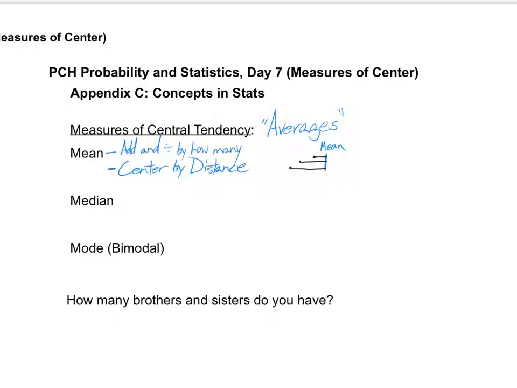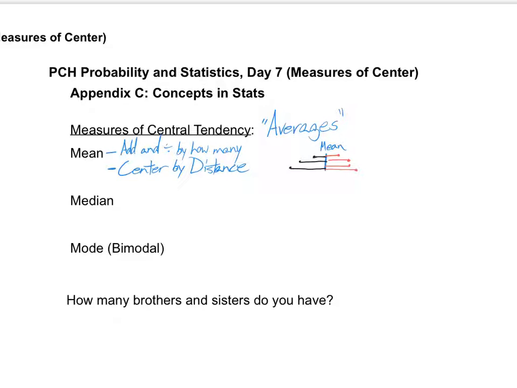You might have a value here. You might have a value here. You might actually have like 4 different values. You actually don't even have to have the same number on either side of the mean. The thing is, though, the mean will have an equal sum of the distances on either side.